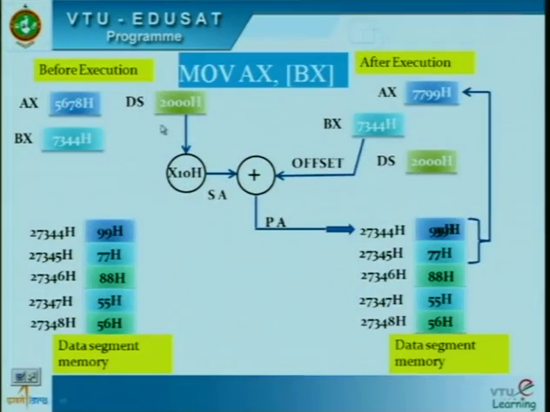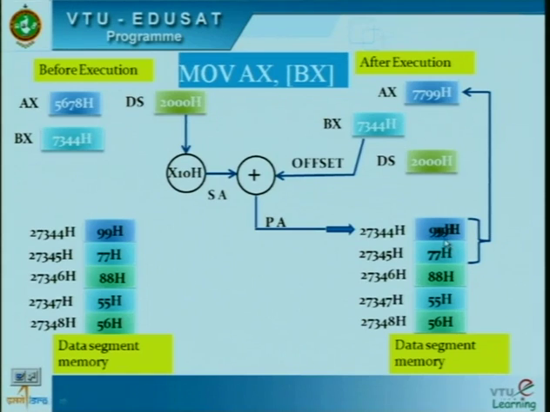However, before calculating the physical address, the segment base present in the segment register, in this case the data segment register, will be multiplied. Now the segment base is 2000, so that will be multiplied by 10, which gives me a segment address or a segment base, to which I will add the offset. The offset is 7344H. So after adding this offset to the obtained 20-bit starting address, I will get the actual physical address at which my data is stored.